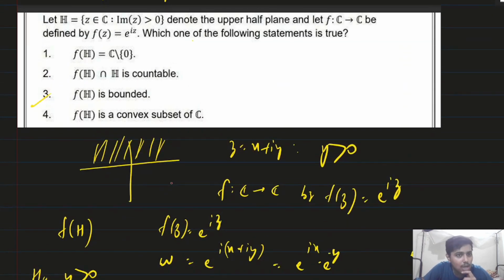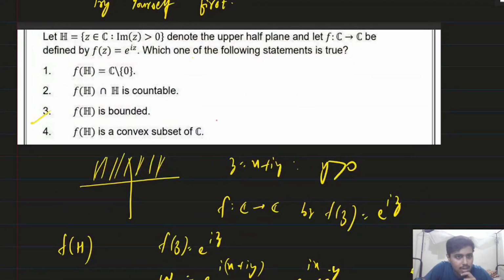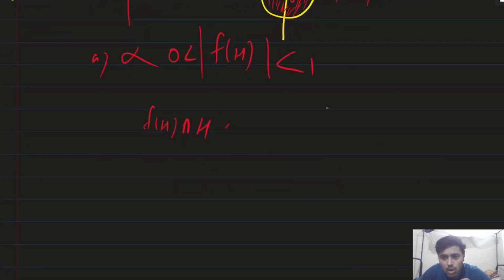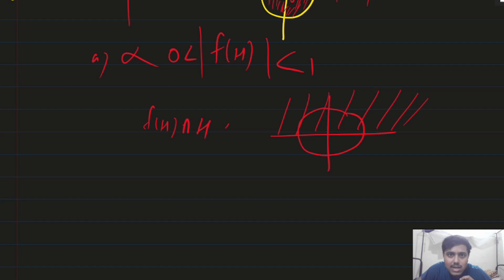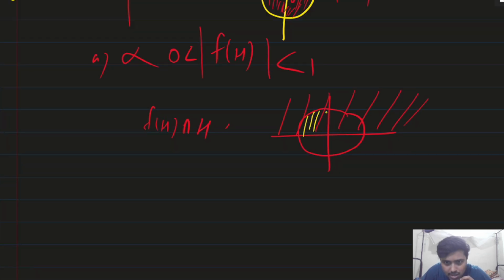Similarly, option B you can also discard. In option B it is given that f(H) intersection H is countable. So you draw H: H is the upper half plane, and f(H) is all these points inside the unit disk, not taking the value 0.